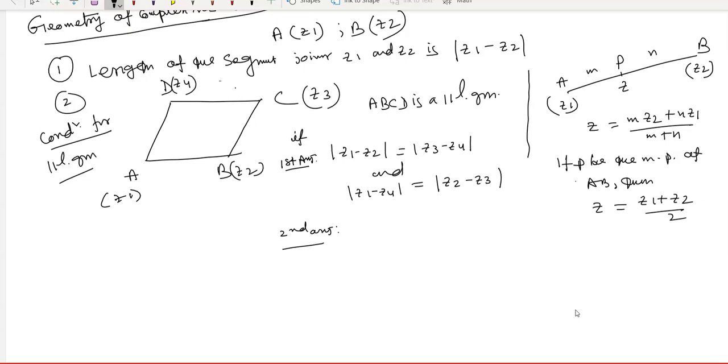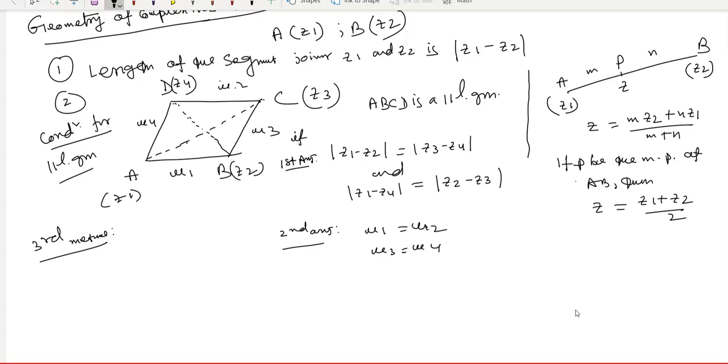Second answer is going to be the slope. You can write mu: if this one is mu1, this is mu2, this is mu3, this is mu4, then one can say mu1 equals mu3 and mu2 equals mu4. There is a third method also. Third answer: the midpoint of AC and the midpoint of BD must coincide.